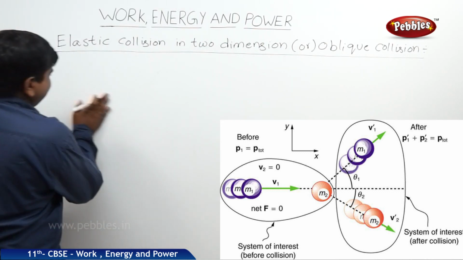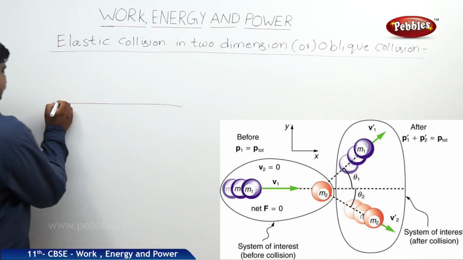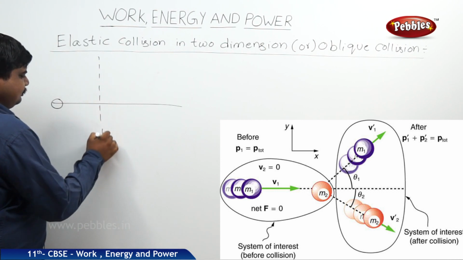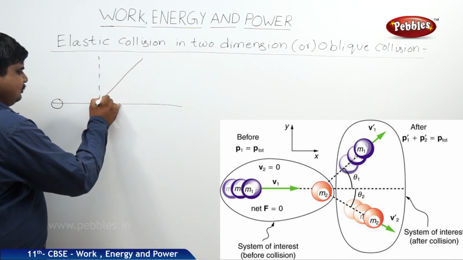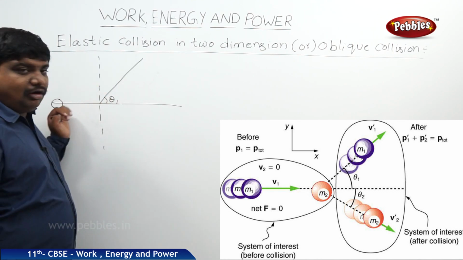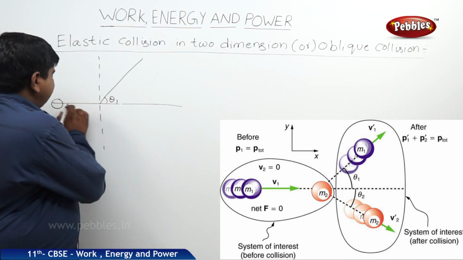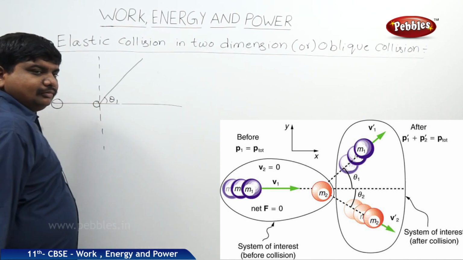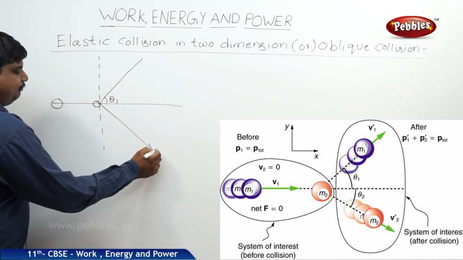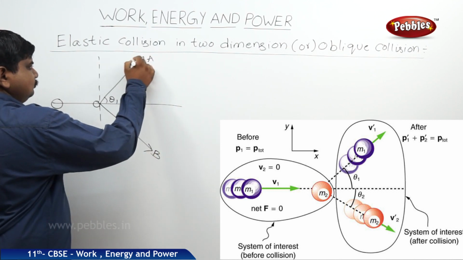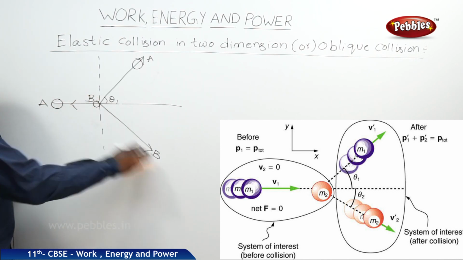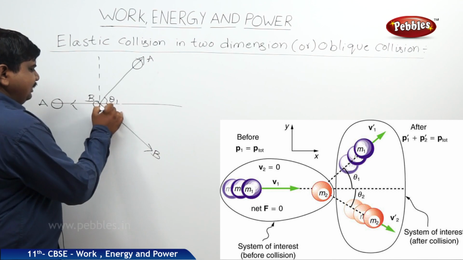So the diagram for this concept is, let us take a body A. This is the reference point. It is colliding with the other object at an angle theta 1. Because of this angle of inclination, after colliding with this body, A will go in this direction, and this B goes in this direction with an angle theta 2.